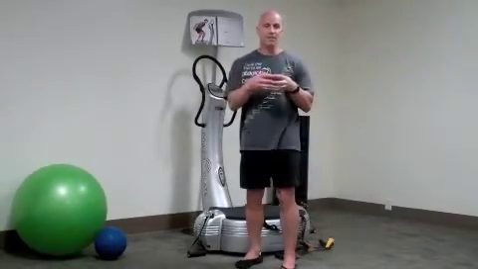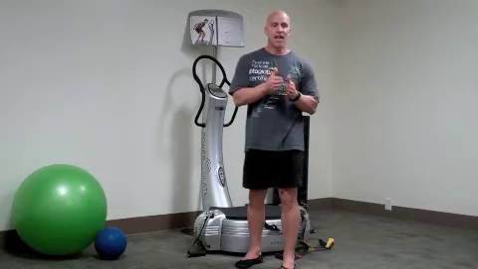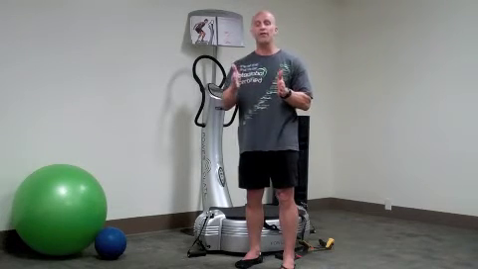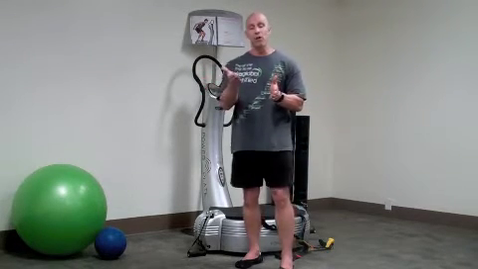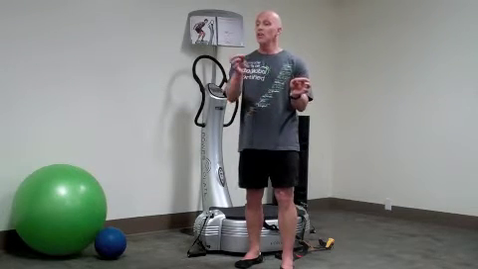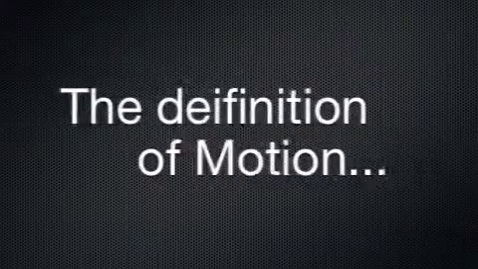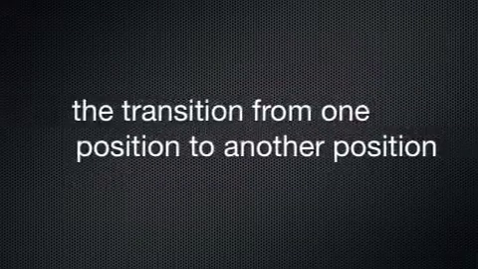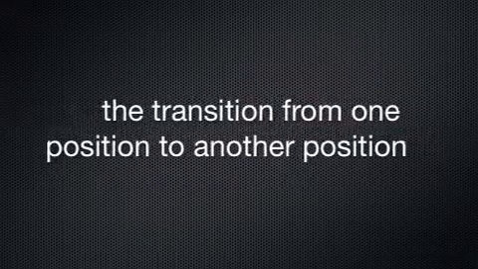The first little mini system is beginning position. Now, by definition, a beginning position has a lot of power and influence over how the body moves. And when we look at motion, the definition of motion is transition from one position to another position. Let me say that again. The definition of motion is a transition from one position to another position.